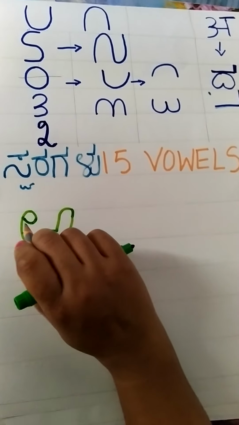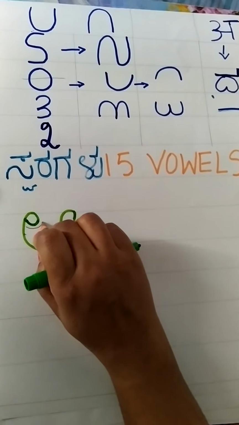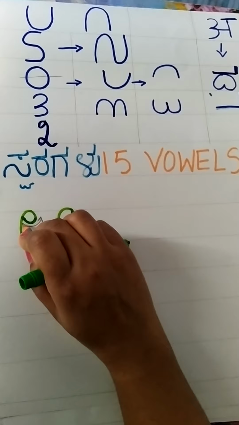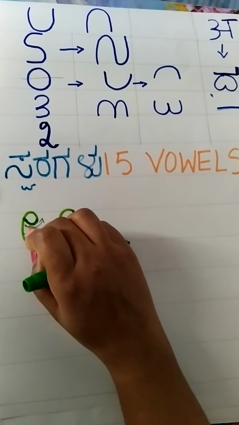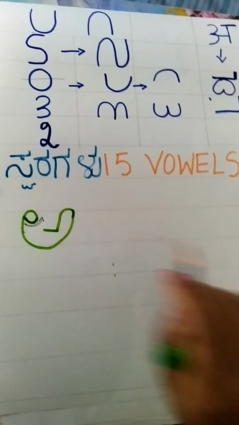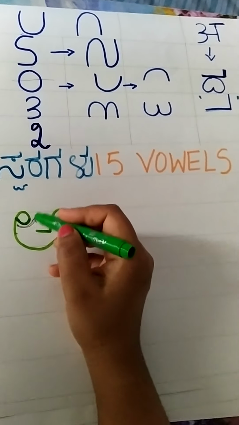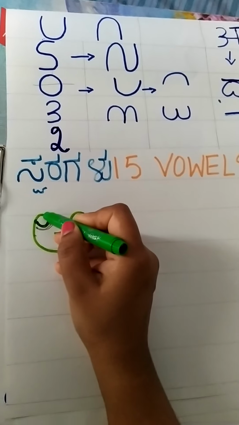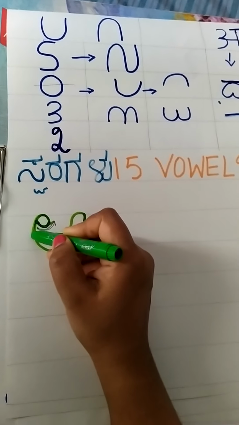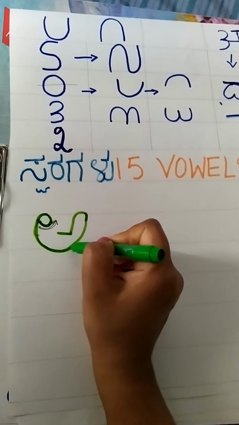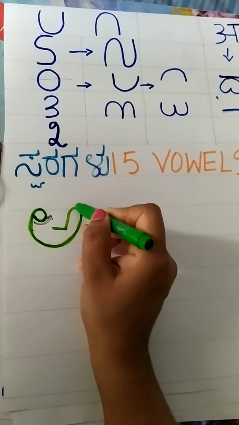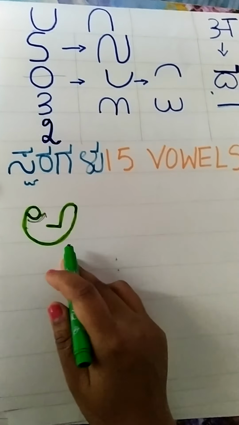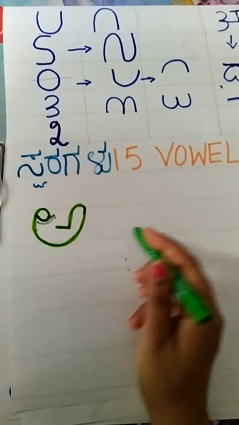I put an arrow mark where we have to start. It will start here and come this way, a half circle, and you have to come in, take a turn and put a sleeping line. This is A, the first vowel.